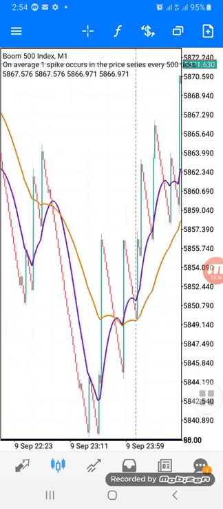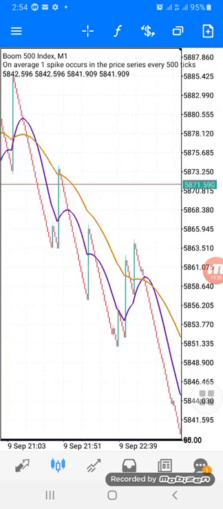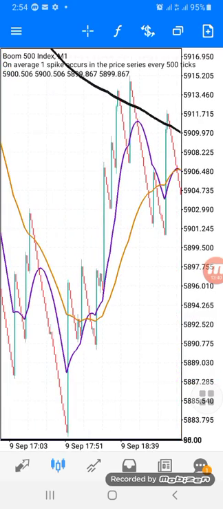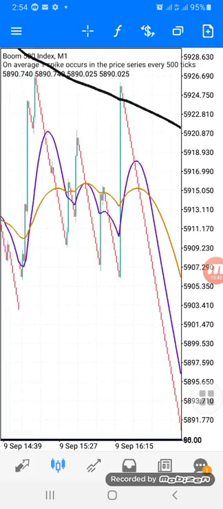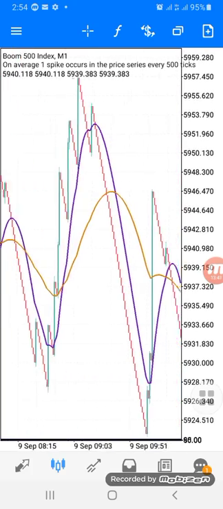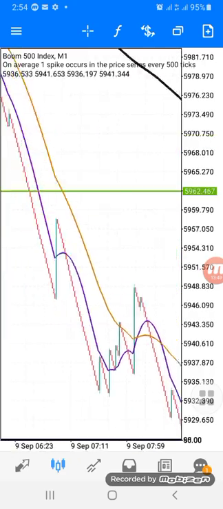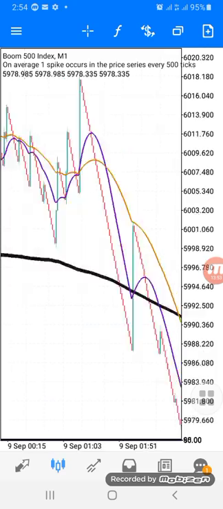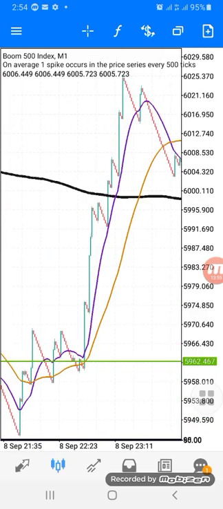That's why you don't want to stay long in this trade when you're trading boom 500 or crash 500. You don't want to stay long with this setup. But if you are on crash 1000 and boom 1000, you can actually stay a bit longer, because they tend to trend more than the 500 indices.